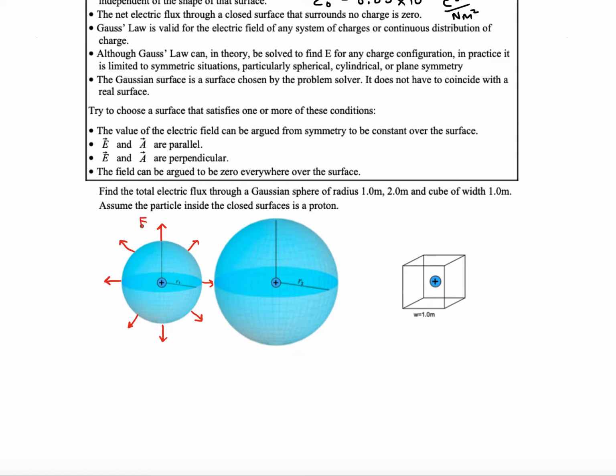So these are the electric field vectors. Notice that the electric field vectors form a 90-degree angle with the area of the surface. And this is really helpful to finding the net flux.